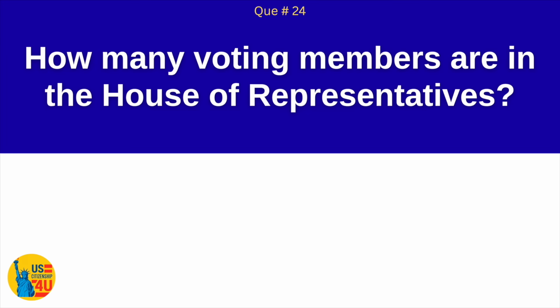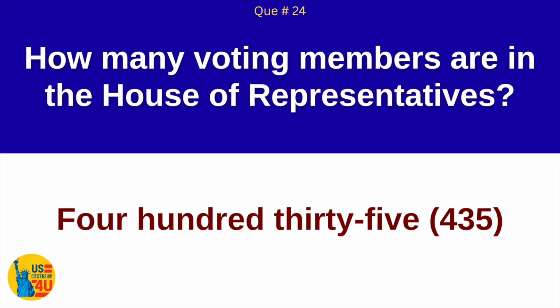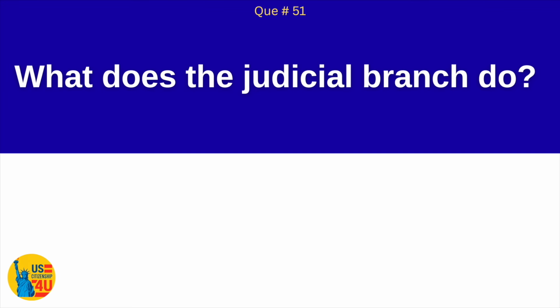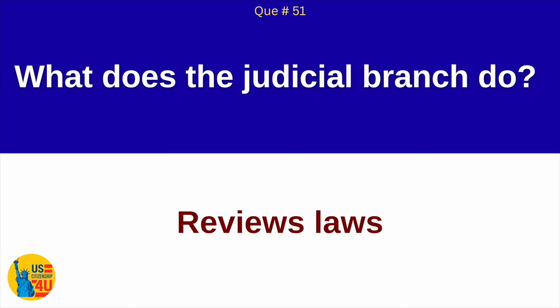How many voting members are in the House of Representatives? 435. What does the judicial branch do? Reviews laws.